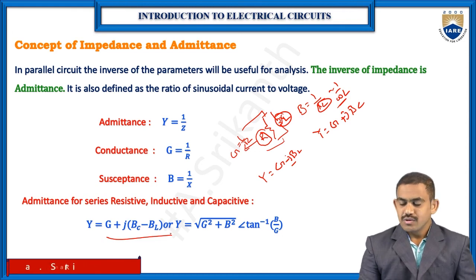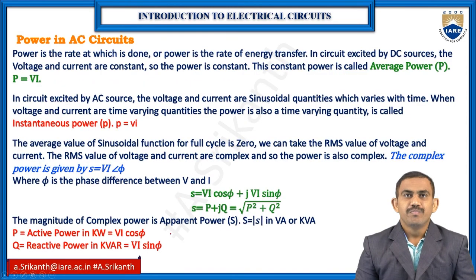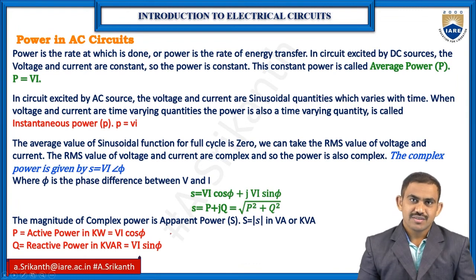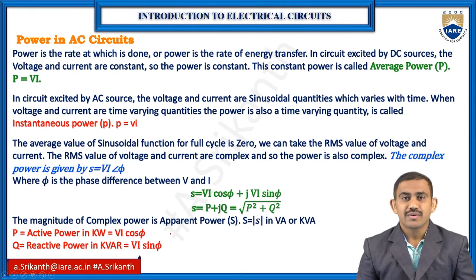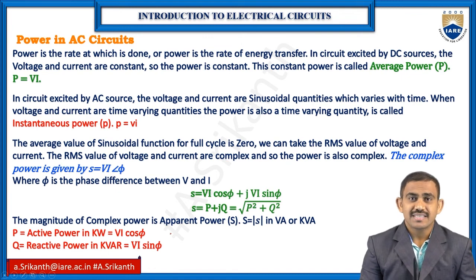Now moving to power, again the same logic used in impedance. Here also we have active power as well as reactive power. Active power is the real power, and reactive power is the imaginary power.